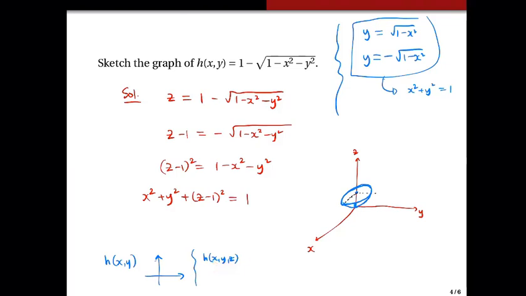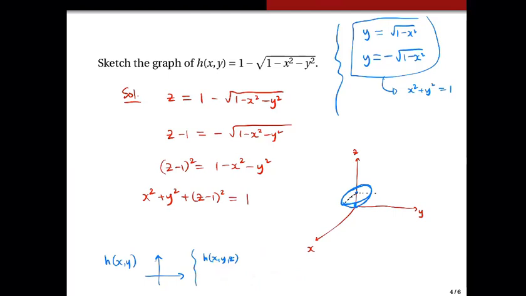Therefore, if you want to sketch the domain of h, you need to consider the three axes: the x-axis, the y-axis, and the z-axis. That's just the domain.